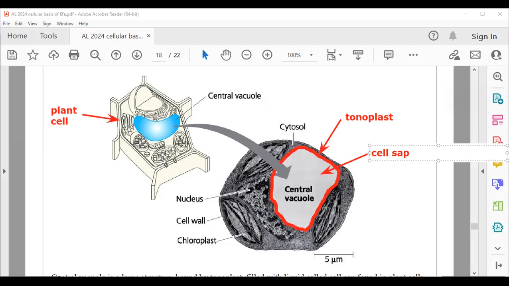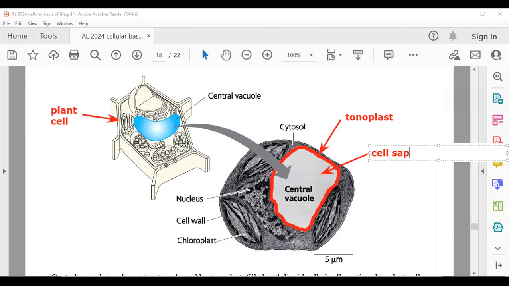Understood? Externally it is surrounded by the tonoplast, and the middle content is cell sap.